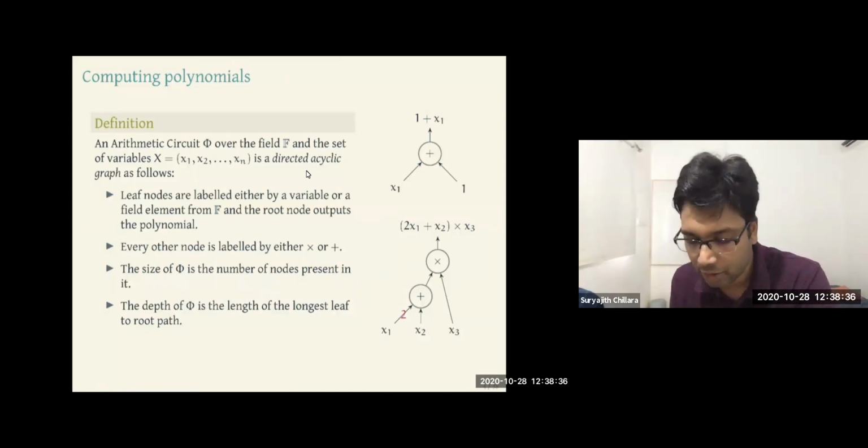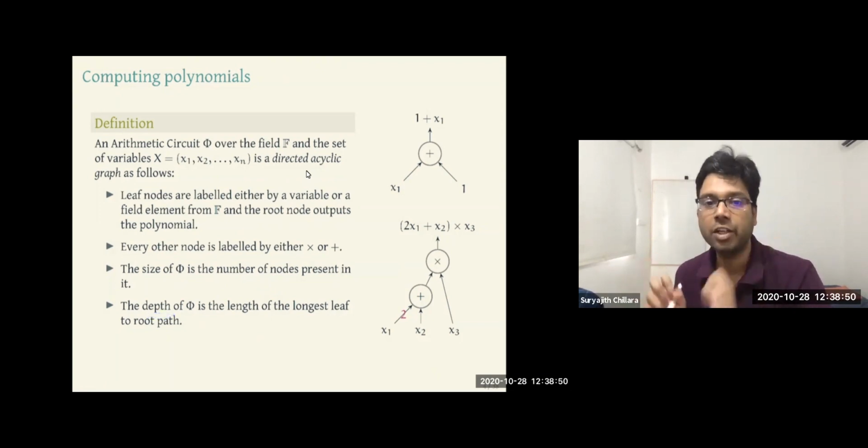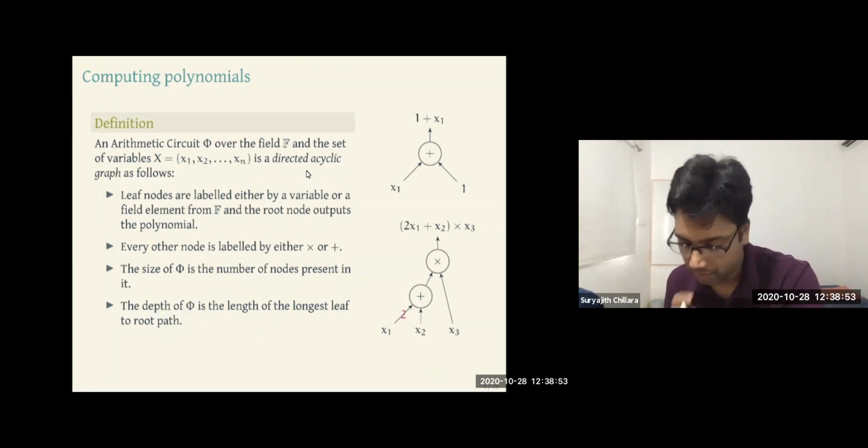Similarly, we can define a notion called depth. Since it's a graph, I can define it to be the longest leaf to root path. Depth represents the parallelizability of the circuit.